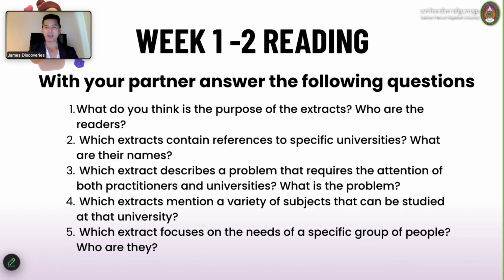Which extract describes a problem that requires the attention of both practitioners and universities? What is the problem? Which extracts mention a variety of subjects that can be studied at university? Which extract focuses on the needs of a specific group of people, and who are they? All right, I'll give you time to answer based on what you have read from Articles A to D.